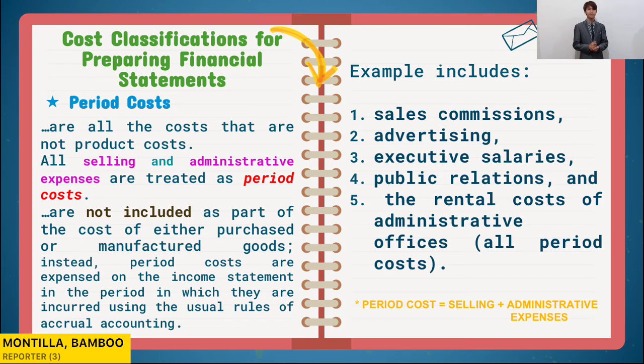Period costs are not included as part of the cost of either purchased or manufactured goods. Instead, period costs are expensed on the income statement in the period in which they are incurred using the usual rules of accrual accounting. In short, period costs are taken directly to the income statement as expenses in the period in which they are incurred.